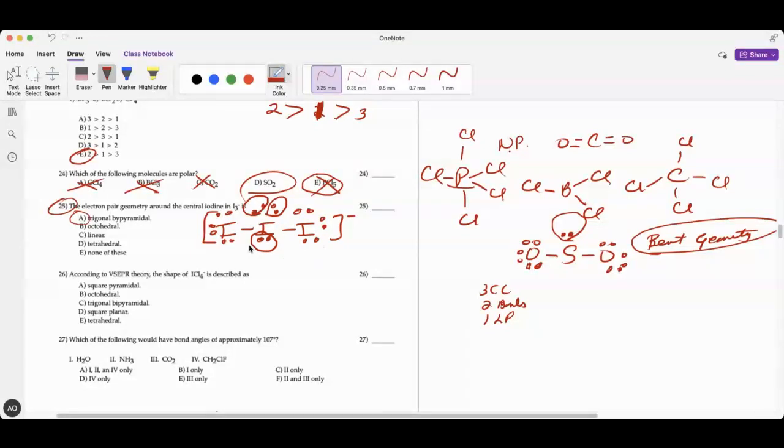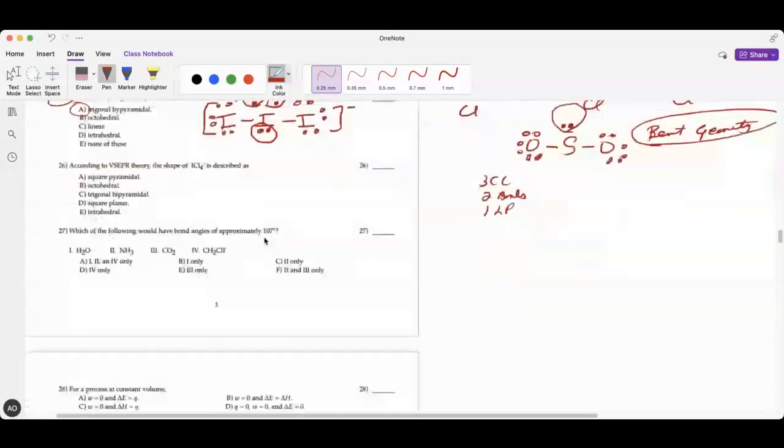And so this would be trigonal bipyramidal. It has 5 charge clouds. That would be the electron pair geometry. Can anyone tell me what the molecular geometry of this would be? Linear. It is linear. The molecular geometry is linear.